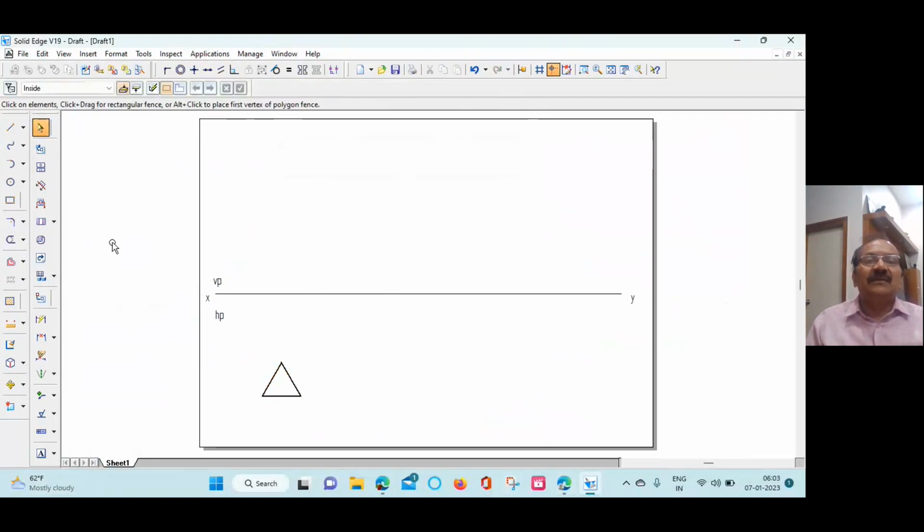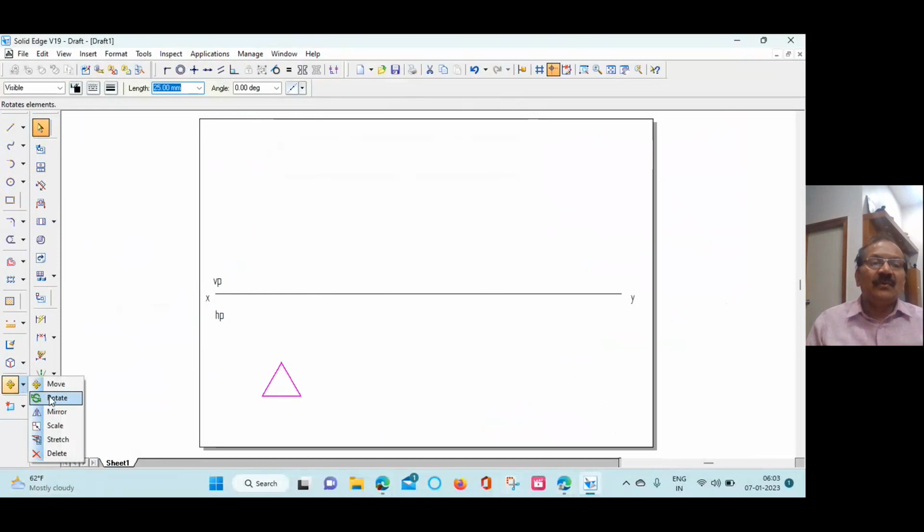Now, resting on one of its edge. When the condition given is resting on one of its edge, we have to tilt the triangle in such a way that one of its edge comes to your left side. This is the point of rotation, the center of rotation.